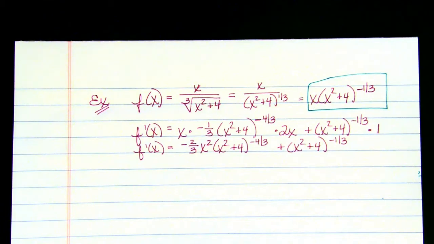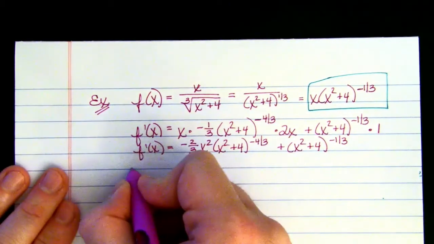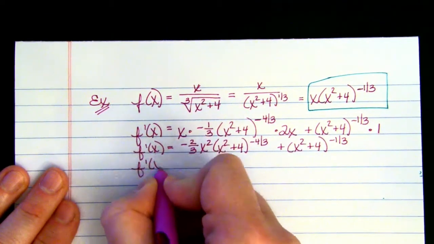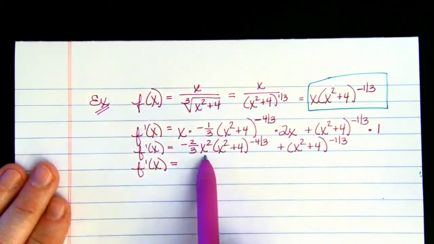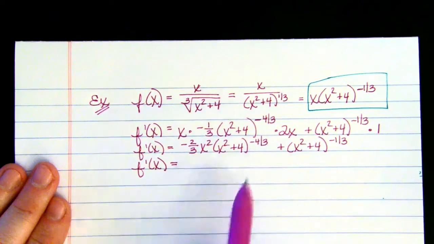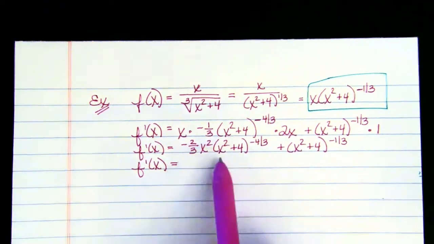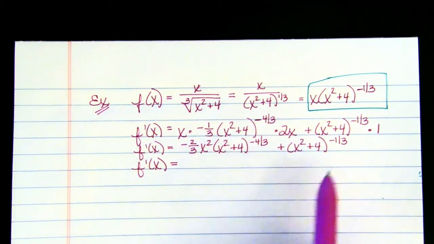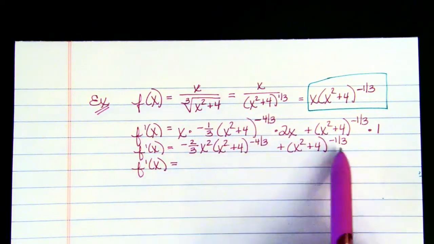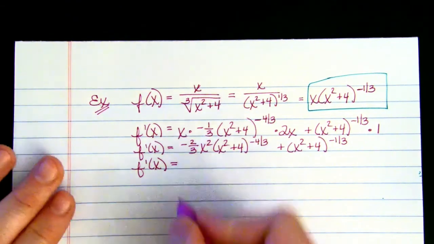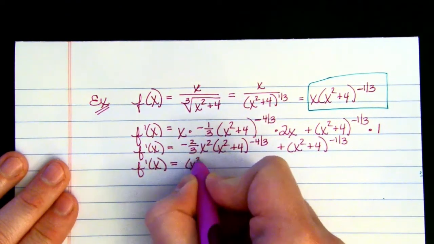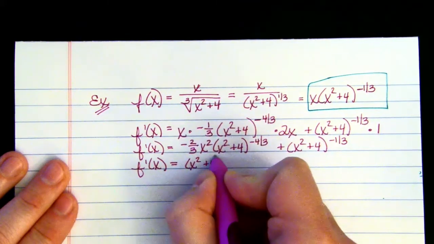I have to factor out my GCF. F prime of x is going to equal, well, there's no x up front that I can take out, so that's just going to have to stay. I'm going to factor out an (x squared plus 4) to which power? To the negative 4/3 or to the negative 1/3? Always to the lowest power, so I'm going to take out an (x squared plus 4) to the negative 4/3.